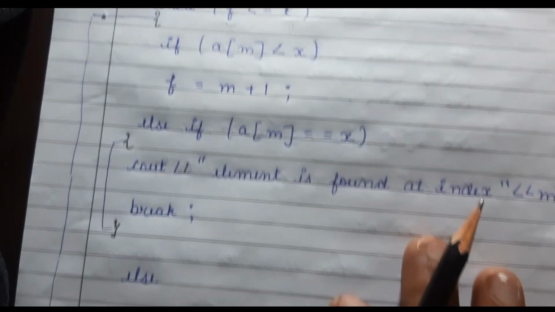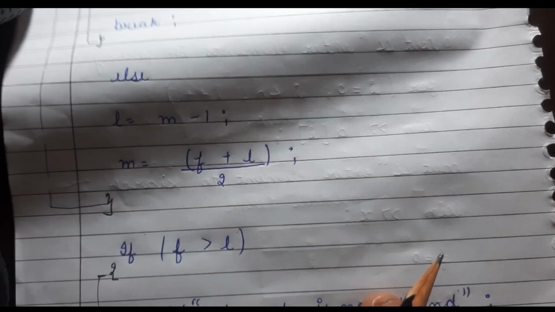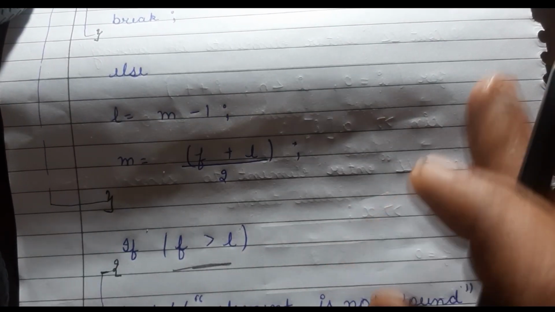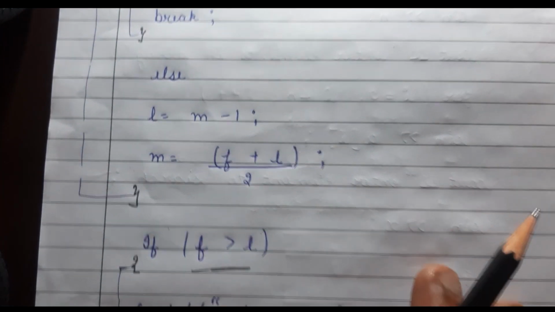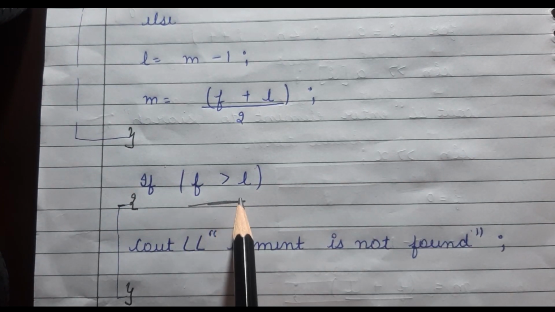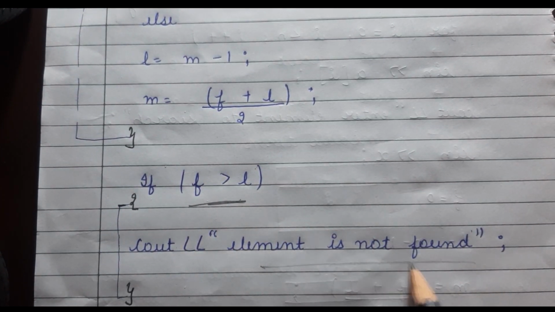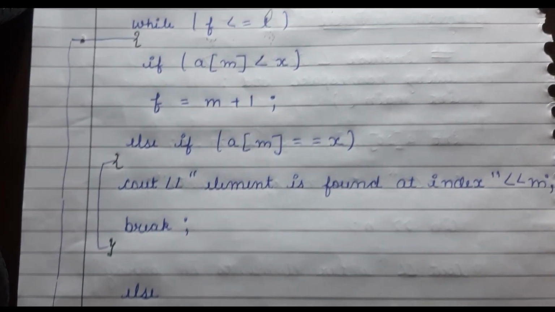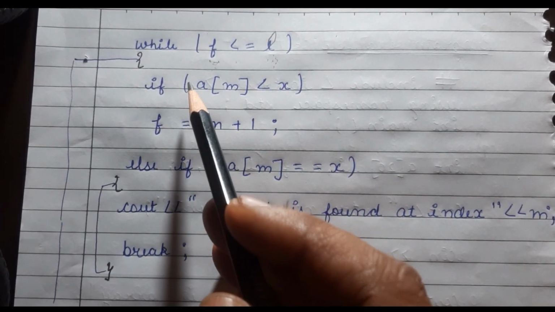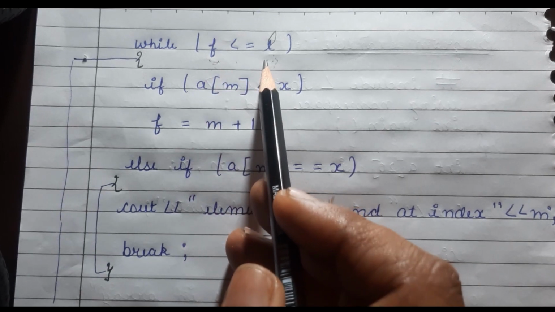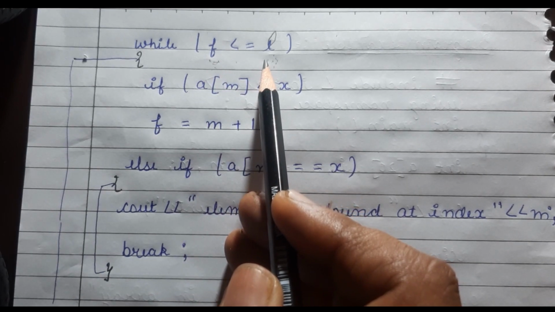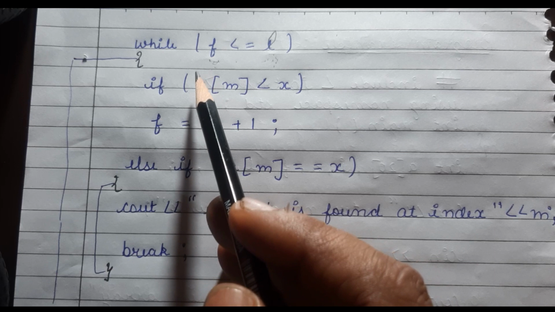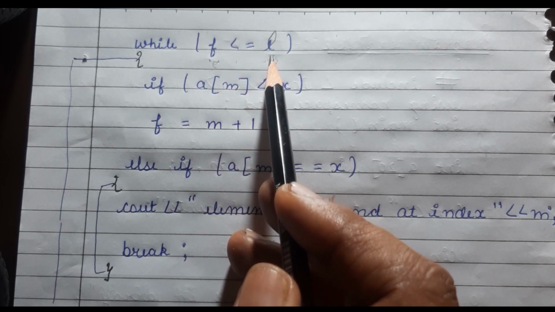So if in any case your first index is greater than L, it means the element is not found in the array. Okay, so I hope you are clear why the first index is always less than or equal to the last index. Okay, so for the binary search technique, first index is always less than or equal to L.